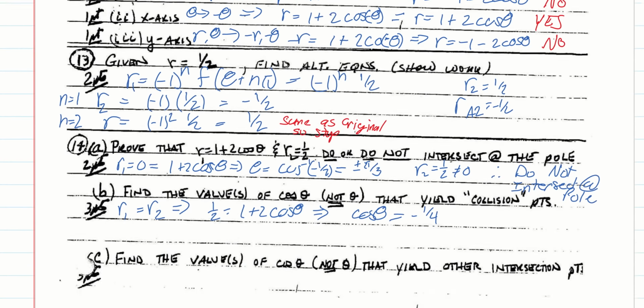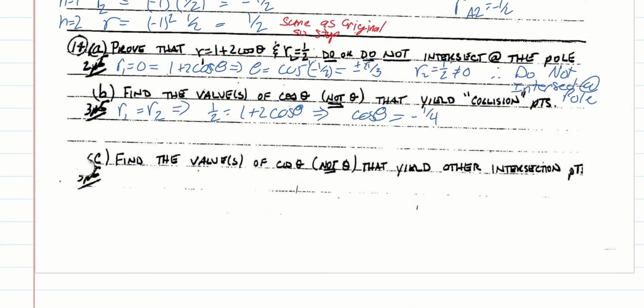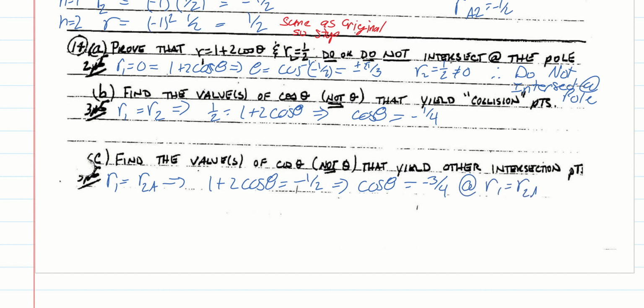I need to set the alternates and other variations equal to each other. So I have R1 equal to R2A, which implies 1 plus 2 cosine theta is equal to -1/2, which implies cosine theta equals -3/4. That's at R1 equal to R2A equal to -1/2.